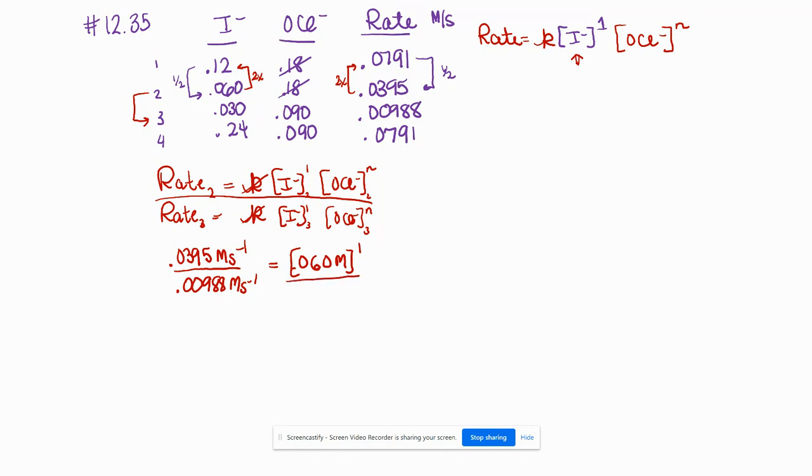And in run 3, it's 0.030 molar. And then OCl minus in run 2 is 0.18, but we don't know its order. And in the third run, it's 0.090.